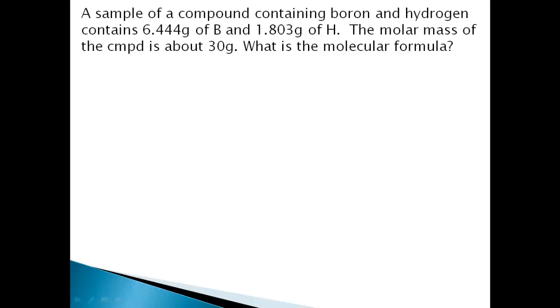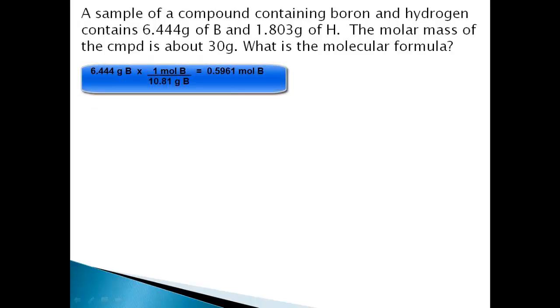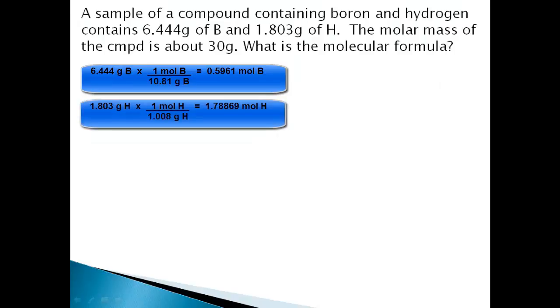We're going to find first the empirical formula, and then we're going to do 1 extra step and find the molecular formula. I'm already in grams in both of those elements, so I don't have to convert from percent to grams anymore. So I just go from grams to moles. I do 6.444 grams of boron to moles of boron using the molar mass, and I go from grams of hydrogen to moles of hydrogen using the molar mass.